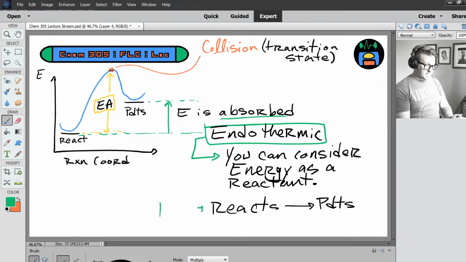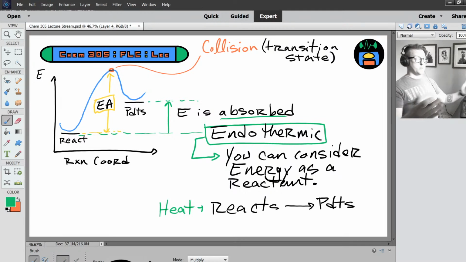And you can write in heat or energy on the reactant side of the equation because it's absorbed as you move from your reactants to your products. All right, so that is an endothermic process. Energy is absorbed or consumed.